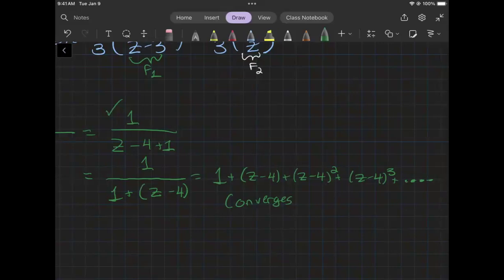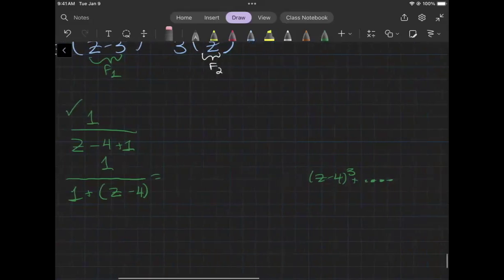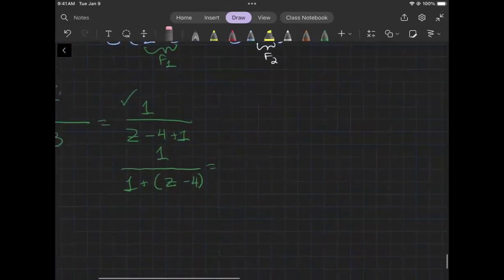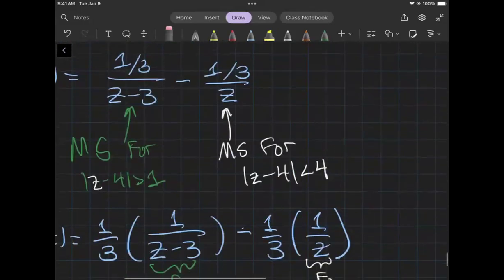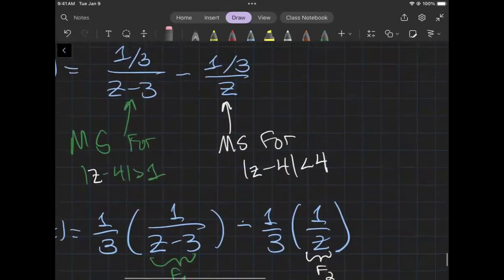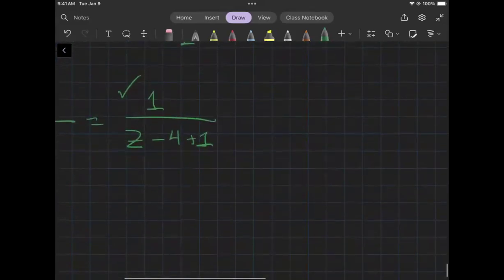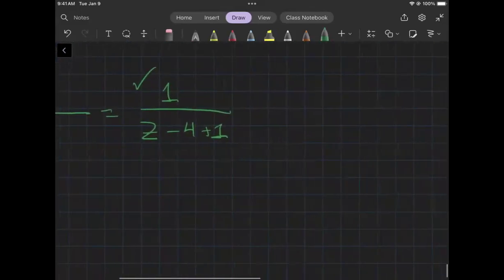Okay, no, I want this to be greater than 1. What am I doing? All right, hold on, back up. I just work on these problems and don't look at my notes. I'm just working too fast, I'm just so excited. Okay, so we want to formulate a Maclaurin series for this quantity, where the absolute value of z minus 4 is greater than 1.